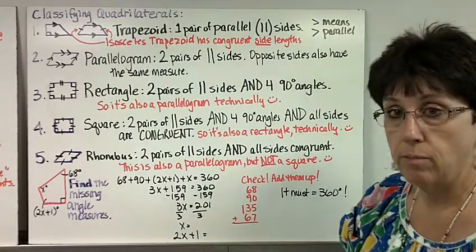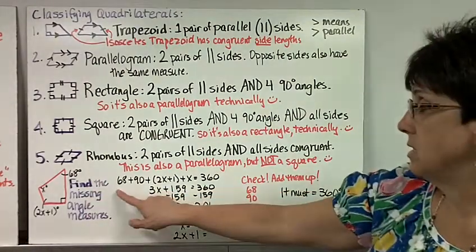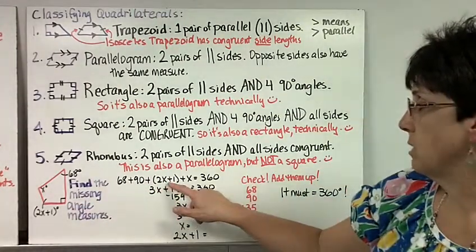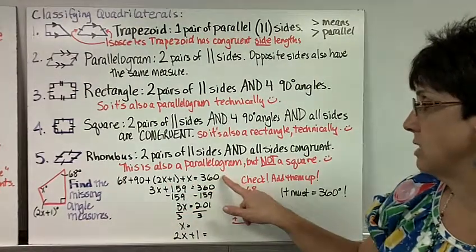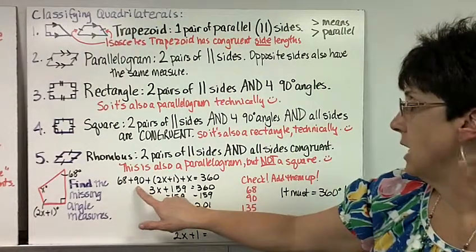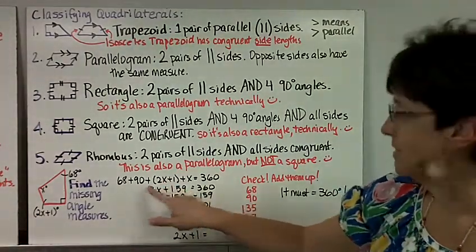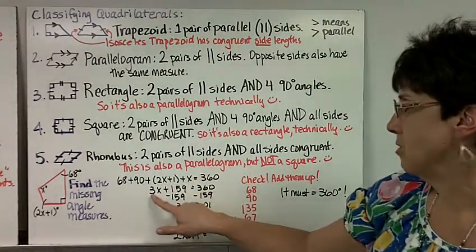So we just add up the interior numbers that were given. 68 plus 90, that's our 90, plus 2x plus 1, that means they go together, plus x equals 360. Now we combine like terms. 68 plus 90 plus 1 is 159. 2x plus x is 3x.